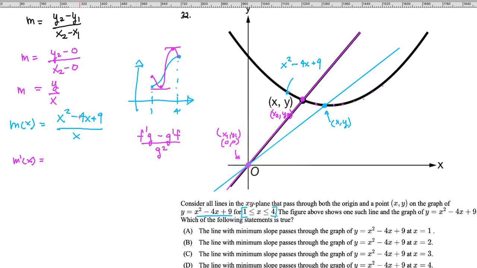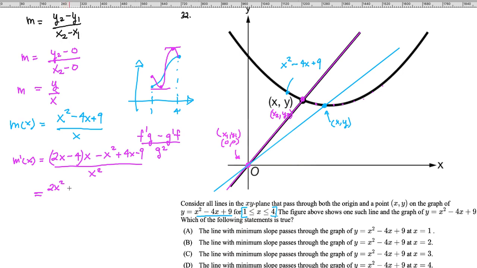So the derivative of the top is 2x minus 4 times the bottom, minus the derivative of the bottom is 1 times the top. I'm just going to distribute the minus right away over the bottom squared, x squared. And I think this will give me a better idea of what I'm dealing with.